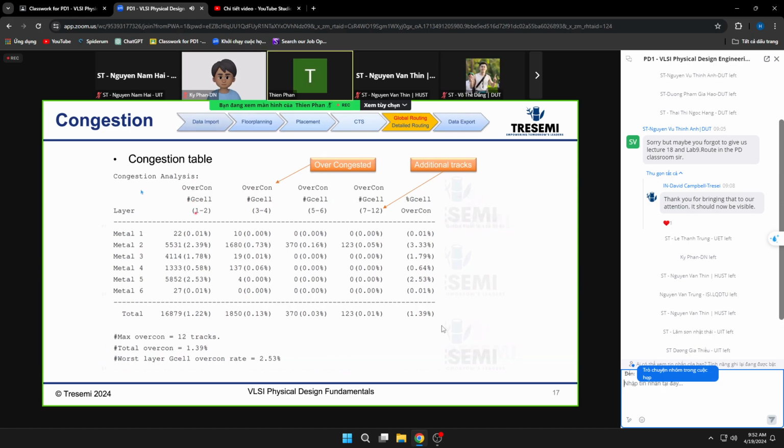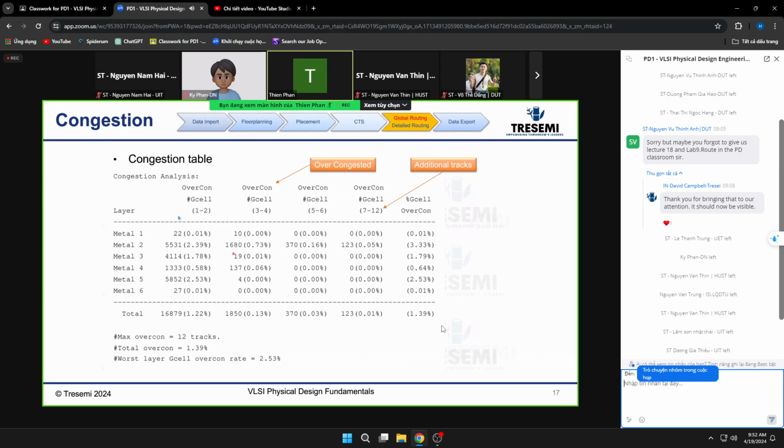So this column is just 1 or 2, so of course you expect these to be a big number here. And then these are going to be a higher number, which means you need that many additional tracks. So certainly you want all of these to be 0.